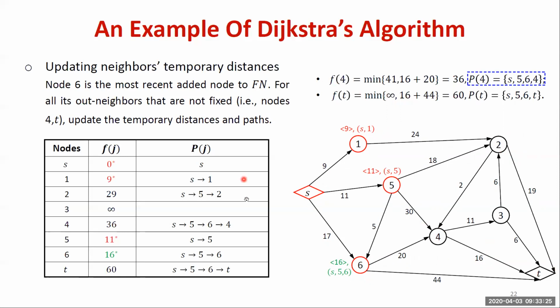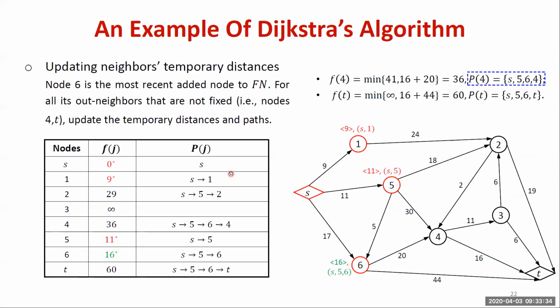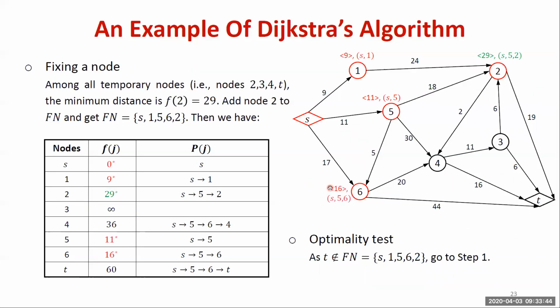Let's have a look at F4 first. In the previous table, this is slide number 21. F4 equals 41. And then the new path is going to be, where is it here?